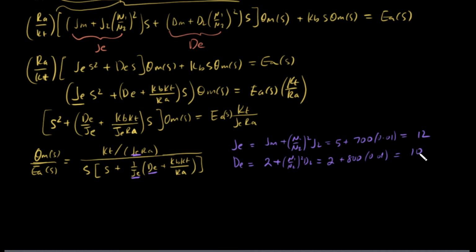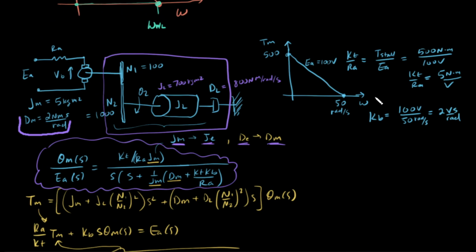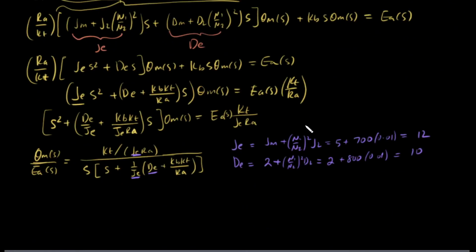Okay, so if we calculate those things, we also saw before that our KT over RA was 5 Newton meters per volt, and KB we have 100 over 50, which is 2 volt seconds per radian. And we can come in here and plug those values in.